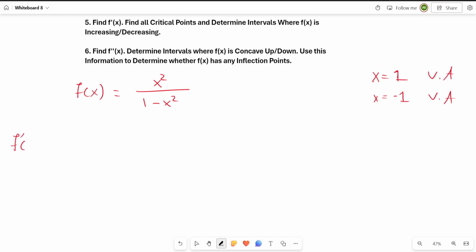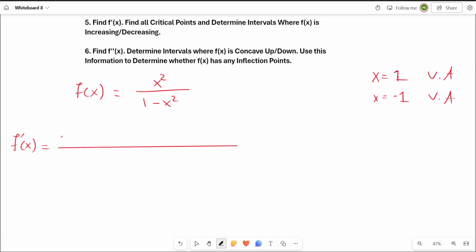So f dash of x, again, this is a fraction or a rational function, and I will need to get the differentiation of it. So I'll use the same rule I used before. So it's going to be differentiation of the top function, so 2x times the bottom function, so 1 minus x squared, minus differentiation of the lower function, which is going to be differentiation of 1 is 0, differentiation of minus x squared is minus 2x, and then into the top function, which is x squared.